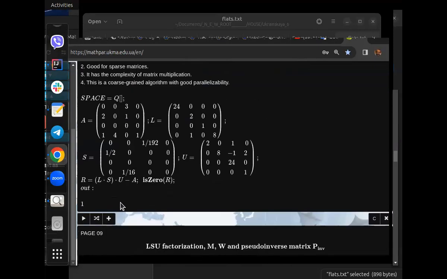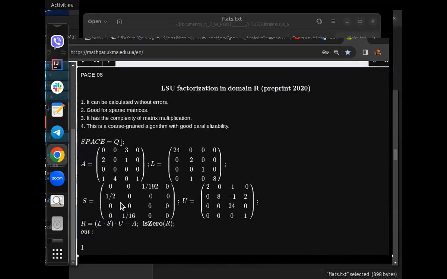And now we start to explain the new algorithm, the LSU algorithm that I want to present in this presentation. It's the same as previous. We can work in the domain R. This is an example of such a factorization. Let this be matrix A. Then we can do the factorization.